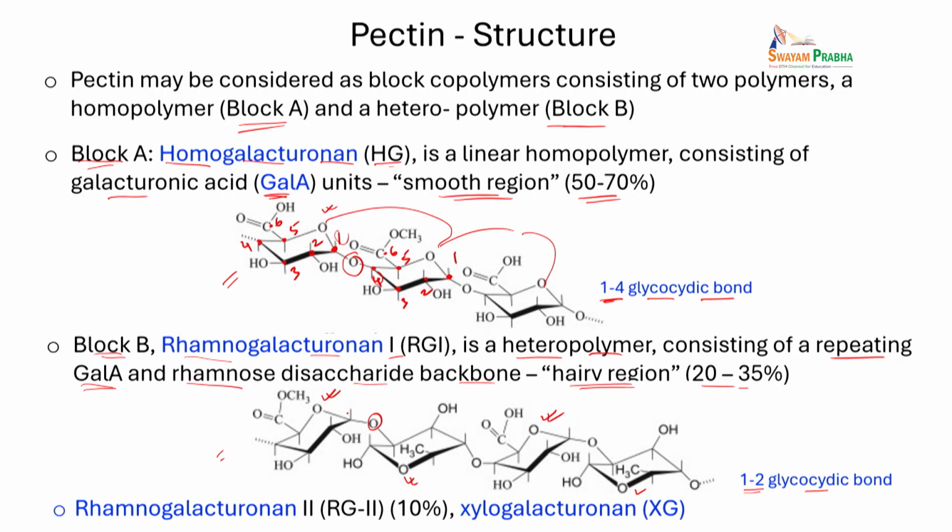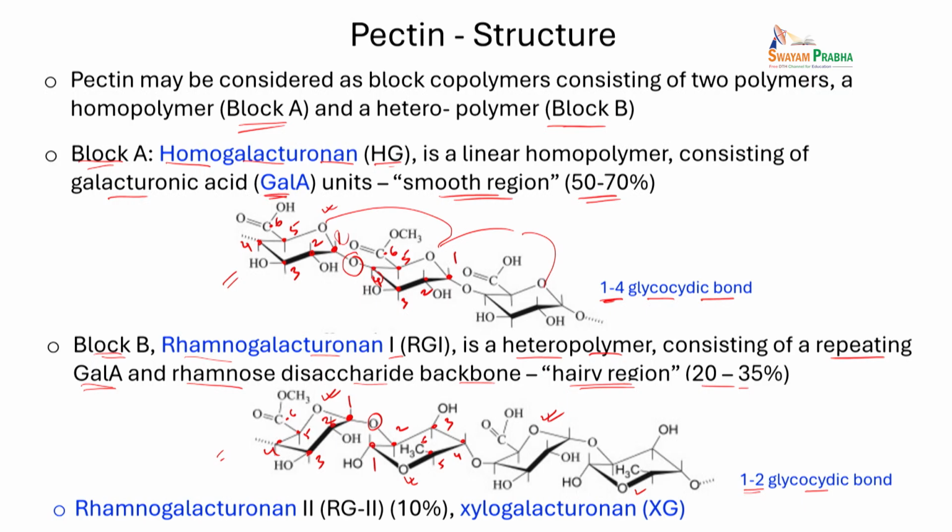That means if you look at this, this is the first carbon, this is second carbon, third, fourth, fifth and sixth. And if I take this one, this is 1, this is 2, this is 3, this is 4, this is 5, right? So in this case the 6 is this one.